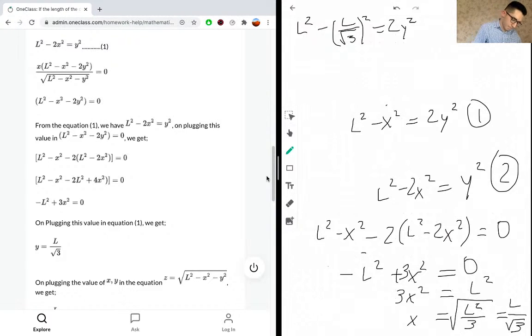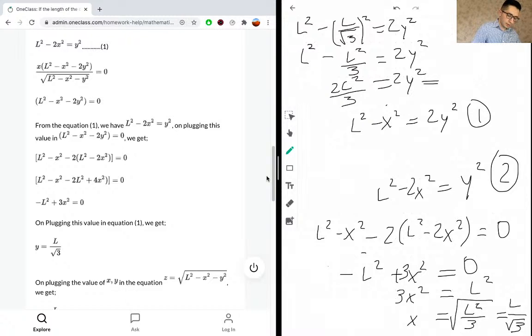And now if we say L squared minus L squared over 3 is equal to 2y squared, we'll get 2L squared over 3. So we're taking 1L squared minus a third L squared equals 2y squared. And then we know y squared is equal to L squared over 3, so we know y will be equal to L over square root 3.